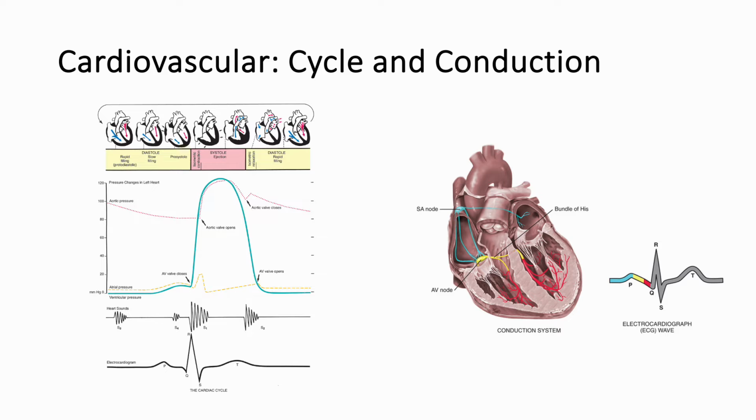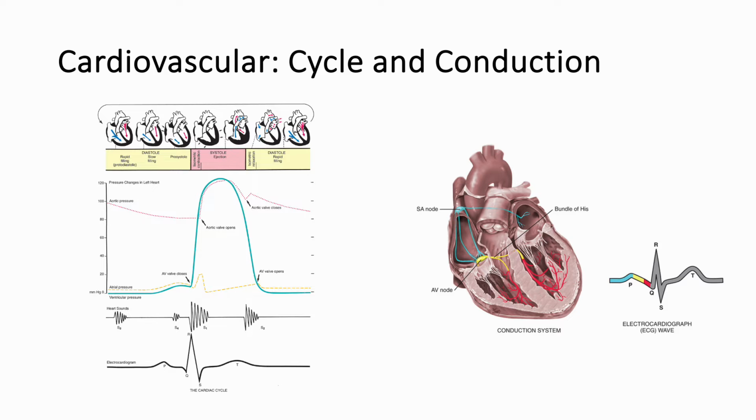Okay, the aortic valve is going to open. Now, after the ventricles contract and eject the blood, eventually the ventricular pressure is going to fall. And when this pressure falls enough, blood can flow backward into the ventricle.